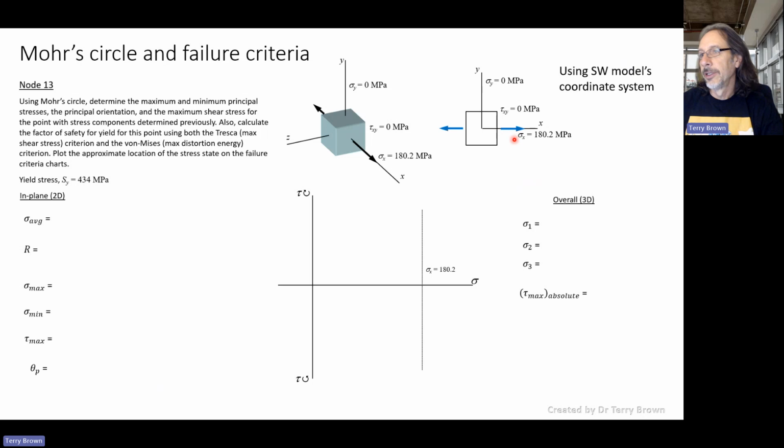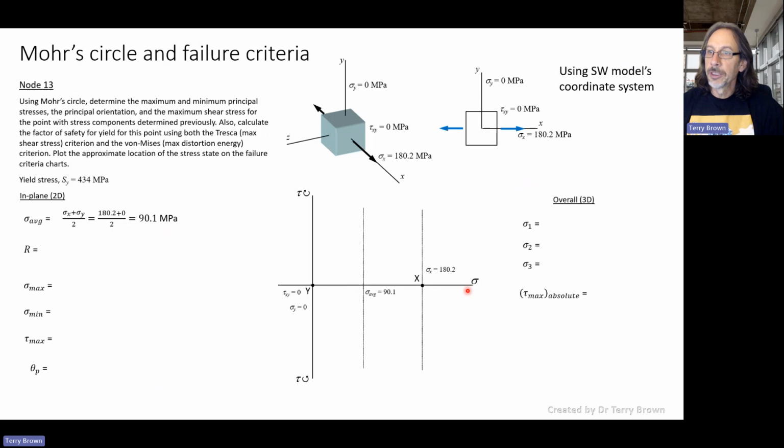On the X face, we've got stress in the X direction of 180.2. Where do we plot that on the horizontal axis? There's no shear stress. And in the Y direction, we've got no normal stress and no shear stress. The average is 90.1, since 180.2 plus 0 divided by 2 gives us that.